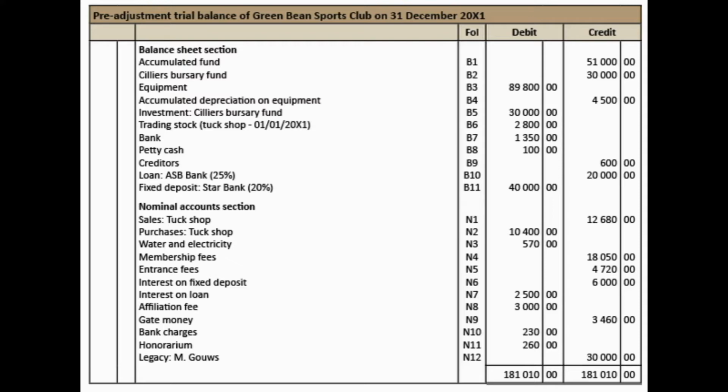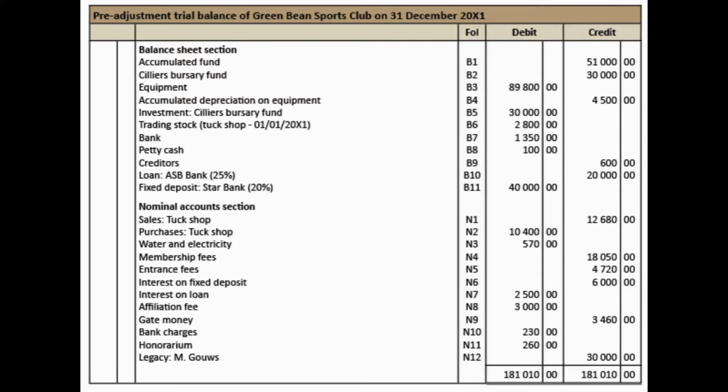Okay, remember now, we've got a pre-adjustment trial balance with the membership fees total in that account. Okay, that was the total at the end of January. Now you must remember, immediately think of what did I say in the previous lesson?